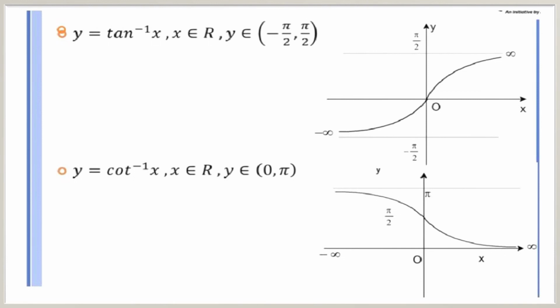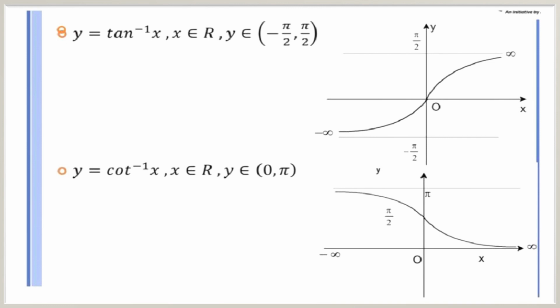So, now consider y is equals to cos inverse x. You know x belongs to the closed interval of minus 1 to 1, that is the domain of cos inverse x. So, y belongs to the closed interval of 0 to pi.